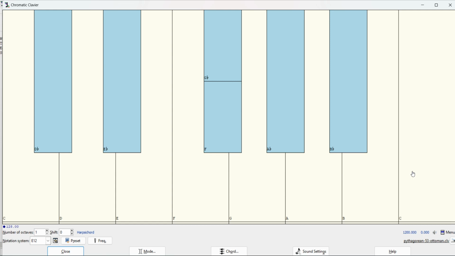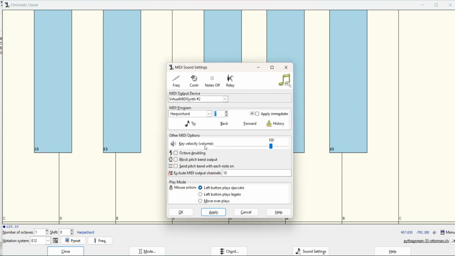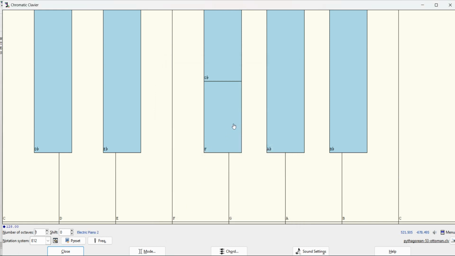This gives us the wolf fifth. It's an imperfect fifth, which is not as harmonious as this fifth. So what can we do to solve this problem?